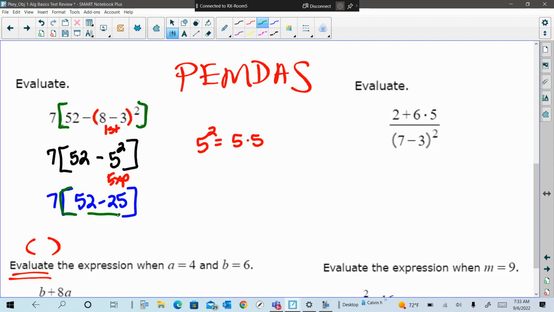We have to do the 52 minus 25. So this gets simplified as 7 with that bracket, 27 inside. And now this is the same thing as saying 7 times 27. Which is what, 189?